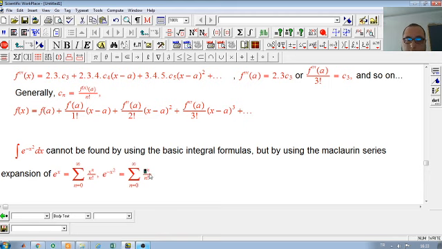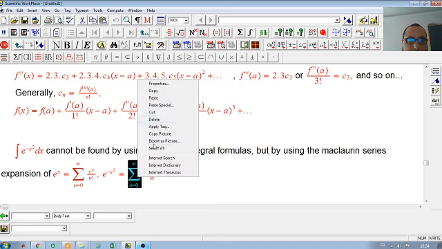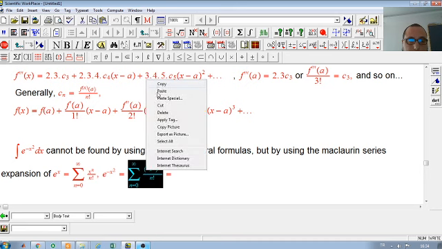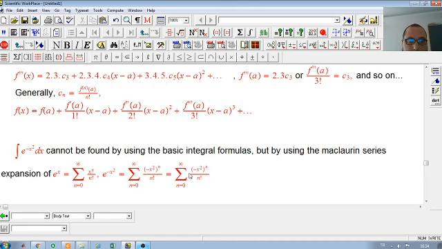For x we write -x^2, and since we have a minus here, we write it as (-1)^n separately, so we have x^(2n) over n!.